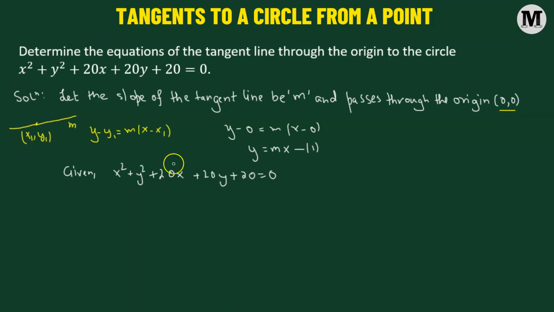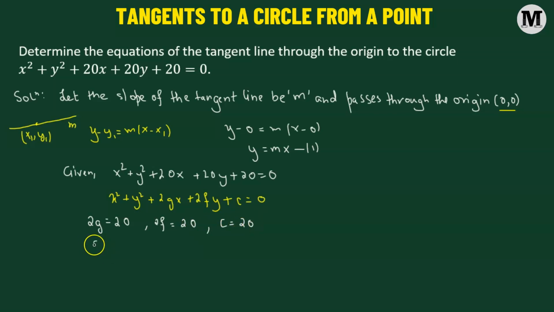For this, all we have to do is compare it with the general equation of the circle, which is x squared plus y squared plus 2gx plus 2fy plus c equals 0. Comparing, 2g equals 20, 2f equals 20 as well, and c is also 20. So g equals 10, f equals 10.